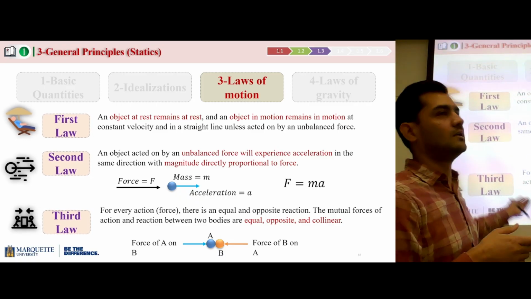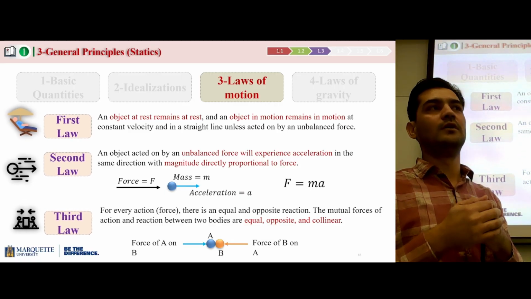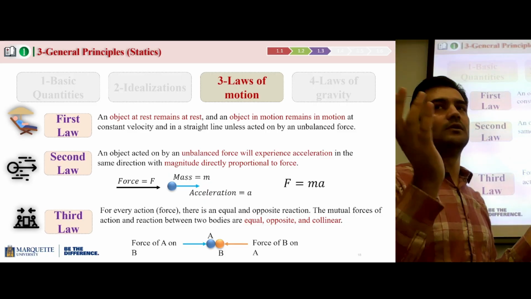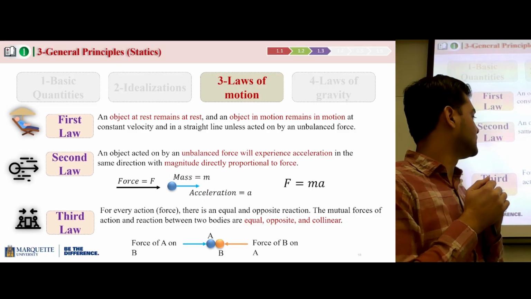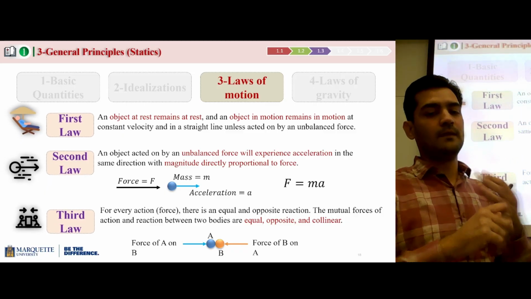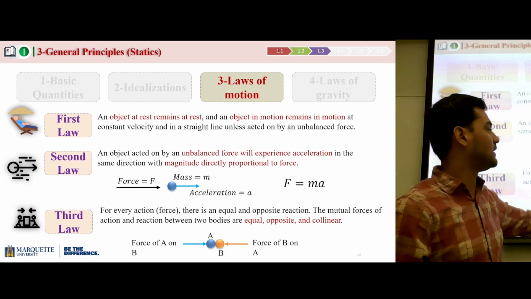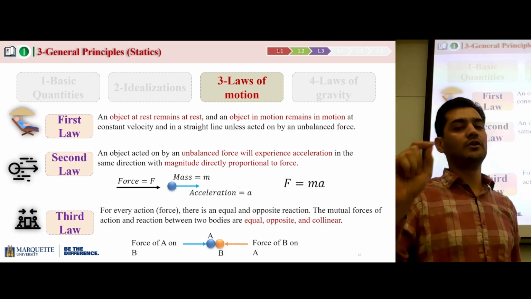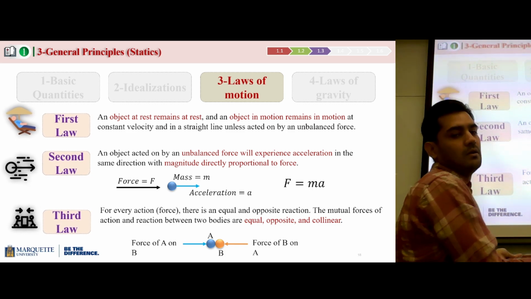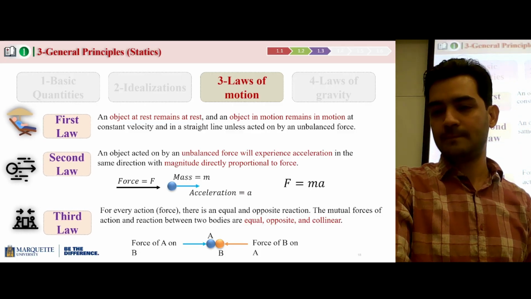We use this third law, basically equilibrium equations, which you used to solve all sorts of beams, columns or trusses. The summation of all forces would be equal to zero. So force A plus force B should be equal to zero if the system is in equilibrium. That's where equilibrium equations are coming from.